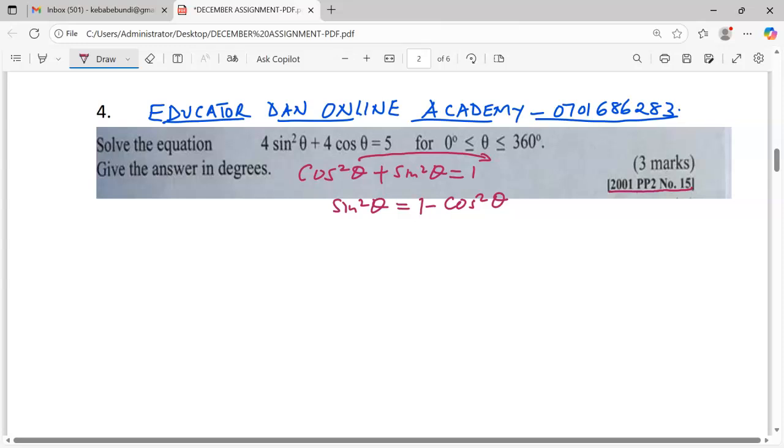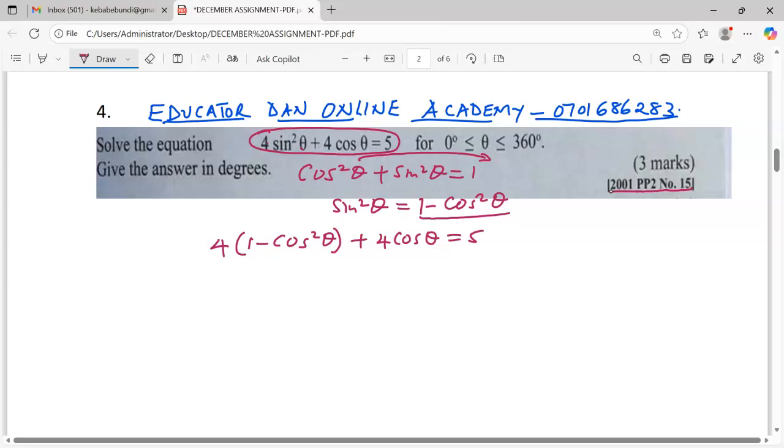Once we have done that, we can now bring down this equation, and anywhere you see sine squared theta, we are going to place 1 minus cos squared theta. In this case, we have 4 multiplied by the sine squared theta, which is the same as 1 minus the cos squared theta, plus we have 4 times cos of theta, and this one is going to be equal to 5.